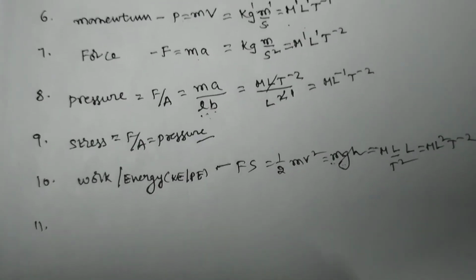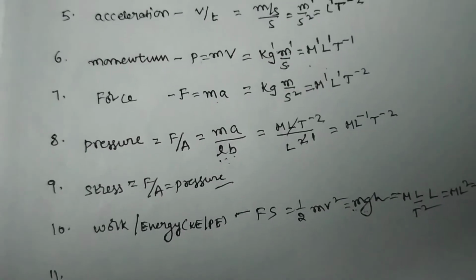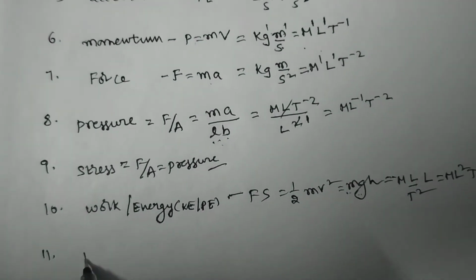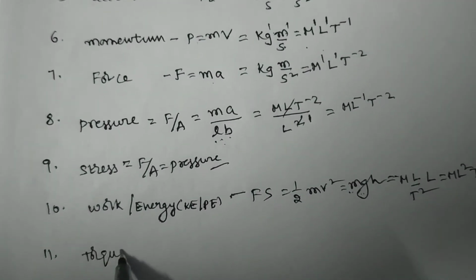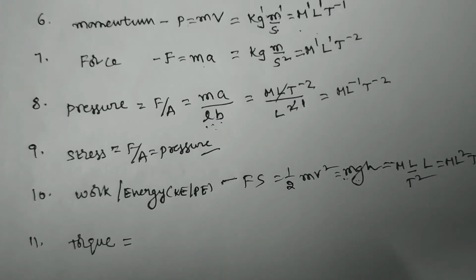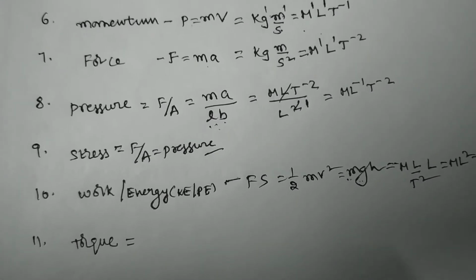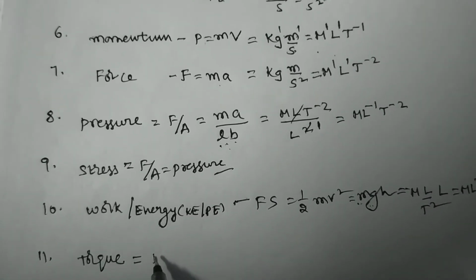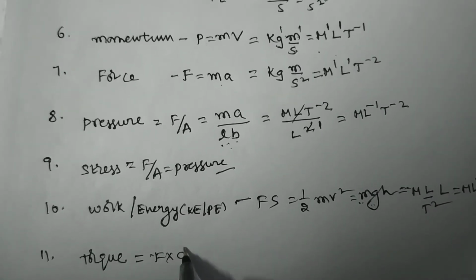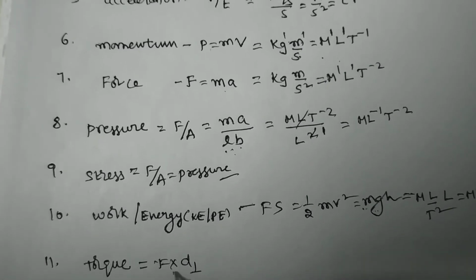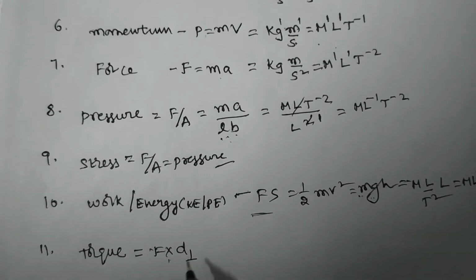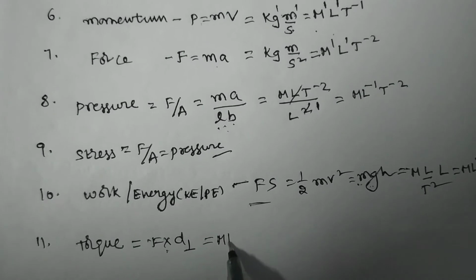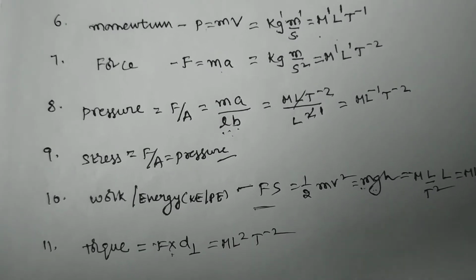Next, the 11th one: torque. What is meant by torque? It produces the rotational effect. The torque is the product of force and perpendicular distance. It is nothing but force into displacement, so you will get the same units and dimensions.